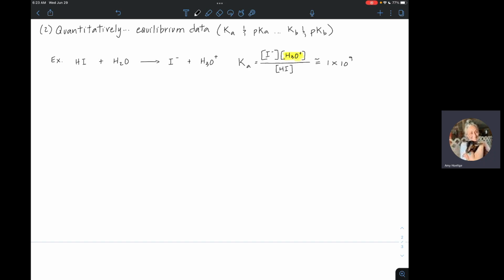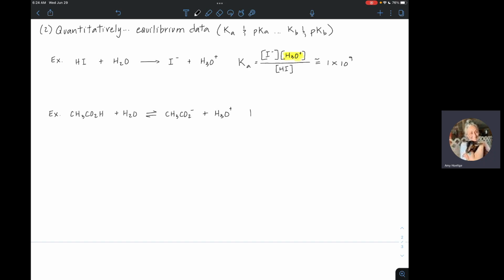So just in case you're curious, what does a weak one look like? I can take acetic acid and I can put this into water. See the difference in the arrow? That's telling you that at equilibrium, I have a little bit of my unreacted acid and I have a little bit of the hydronium ion.